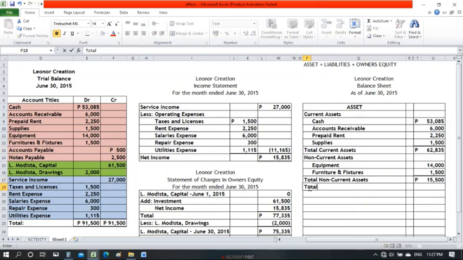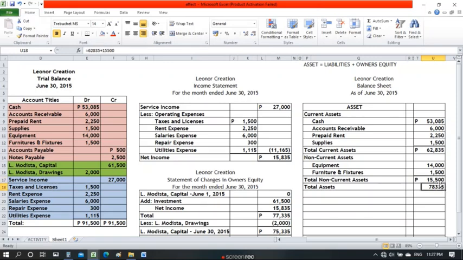Next is to get the total assets. Don't get confused, what you will add here is just the total of the non-current and the total of the current. So that is 62,835 plus the 15,500. That is what we added, these two.